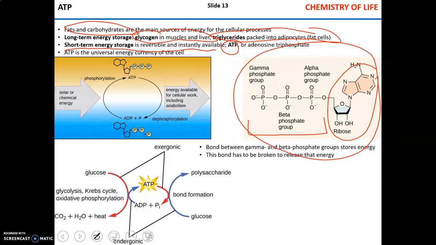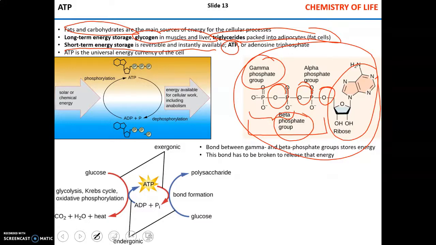And the energy is stored specifically in the phosphate bonds in the ATP, in these bonds between the phosphate groups. Most of all, it's the bond between the gamma and beta phosphate groups.